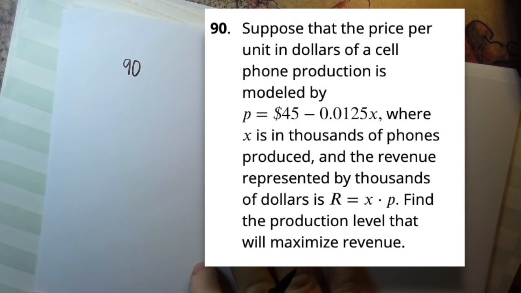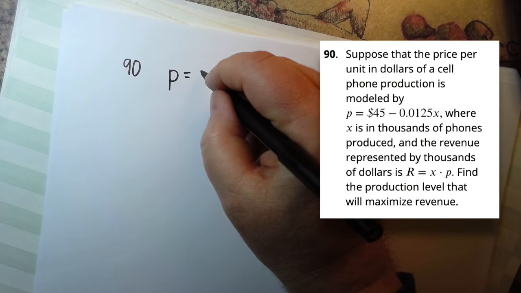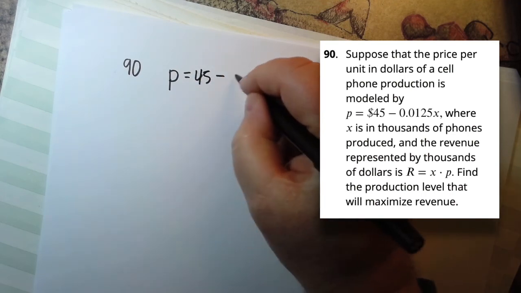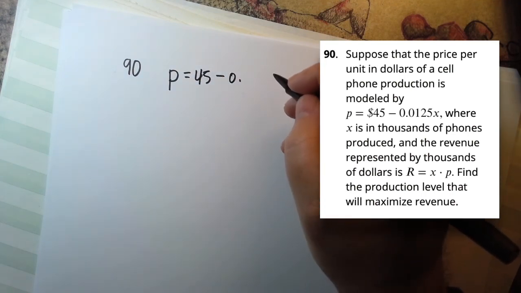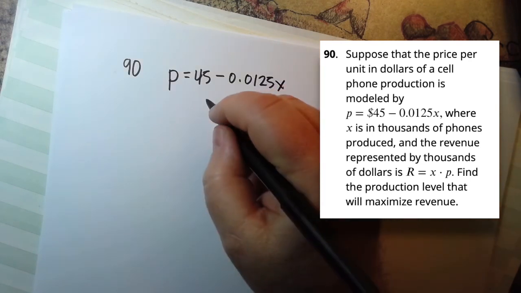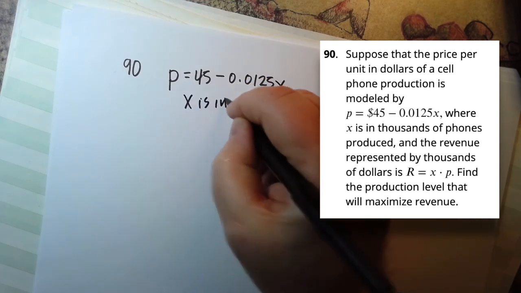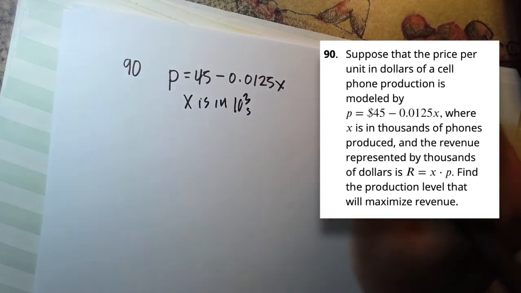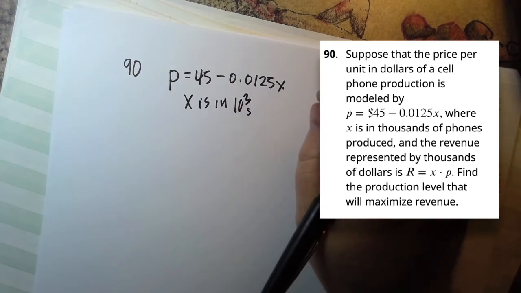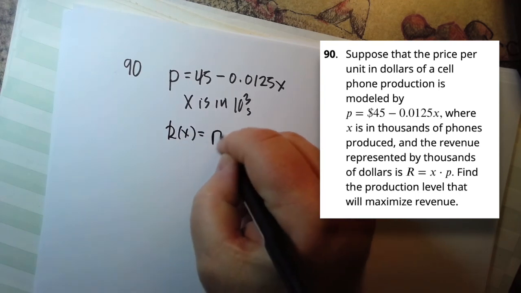Alright, let's do 90 here. Suppose that the price per unit in dollars of a cell phone is modeled by the equation P is equal to 45 minus 0.0125x, where x is in thousands of phones, and the revenue is represented by P times x.